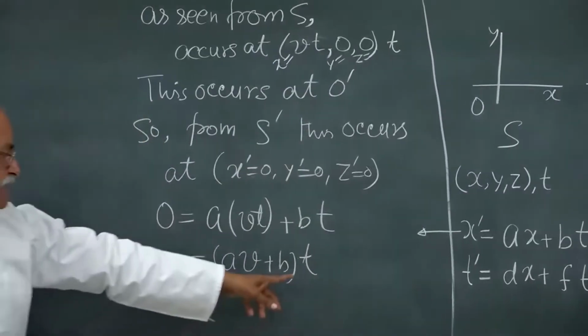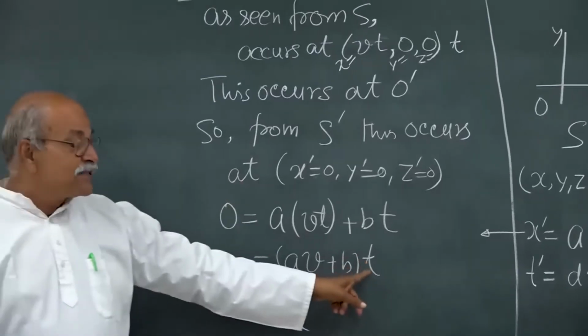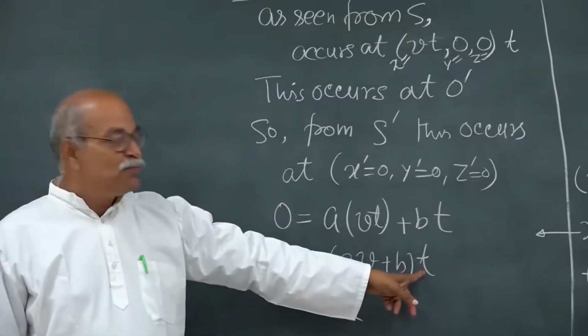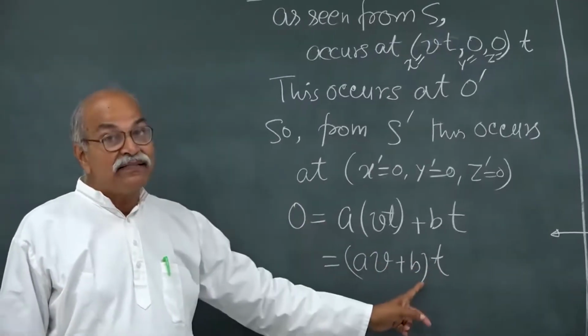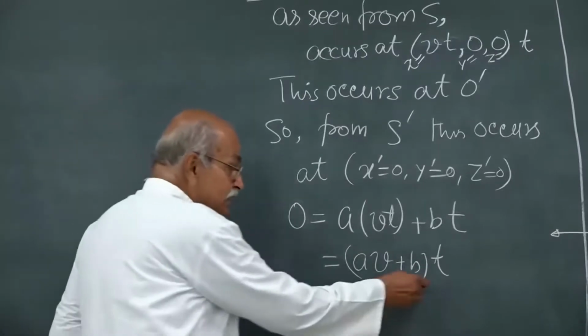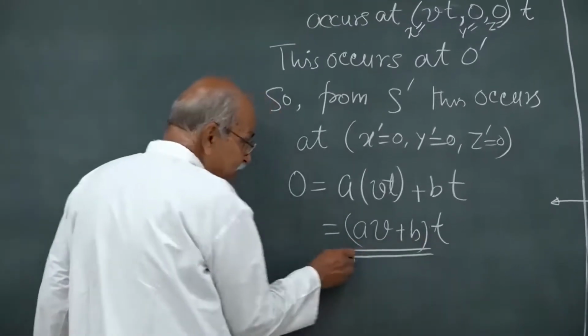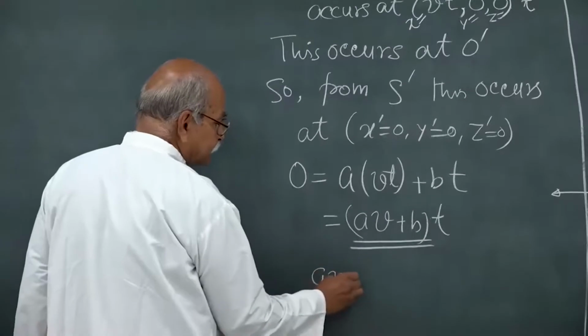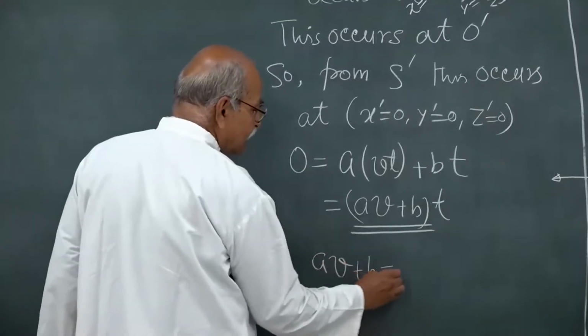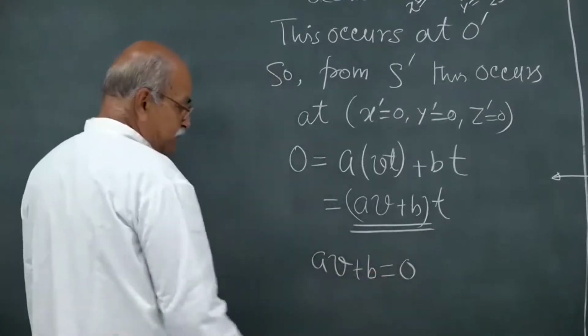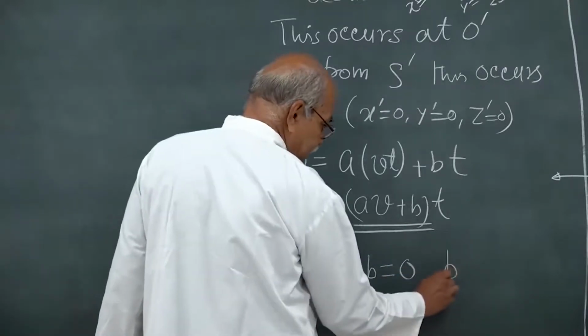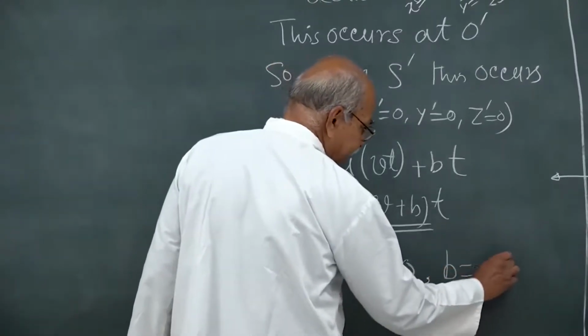So, this equation is valid for all values of t. Whatever value of t you put here, this equation will be valid, and that means av plus b is 0, or b is equal to minus av.